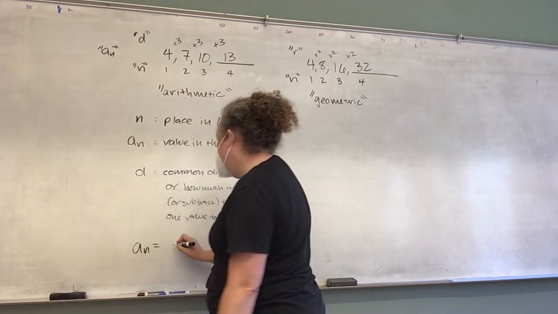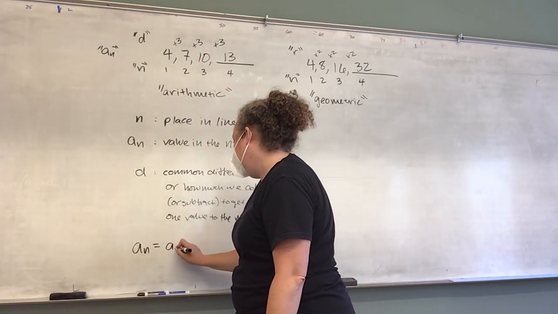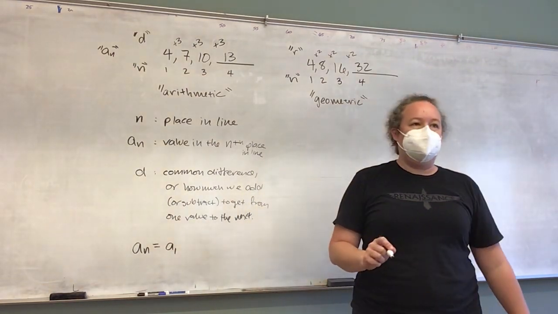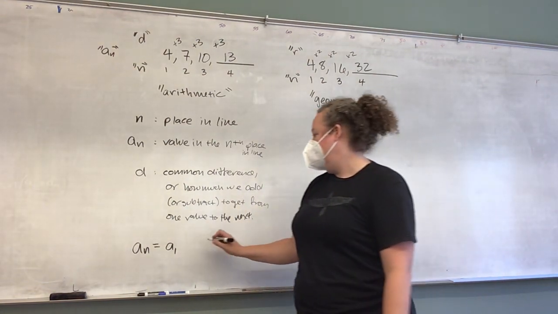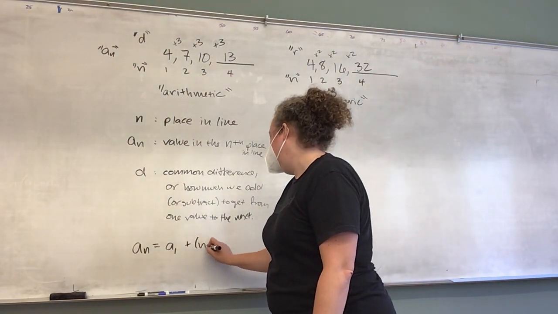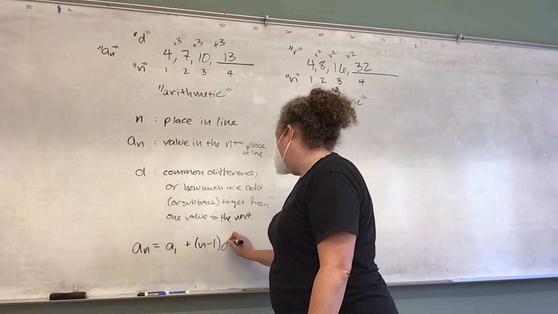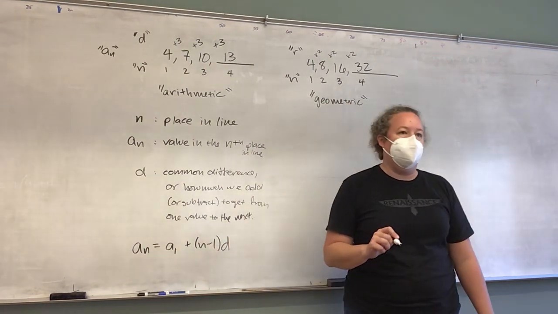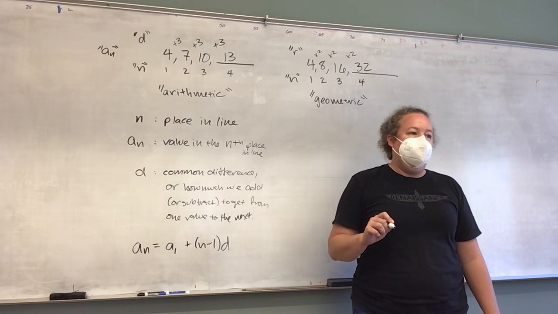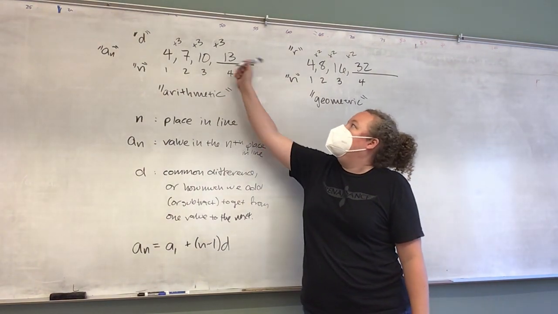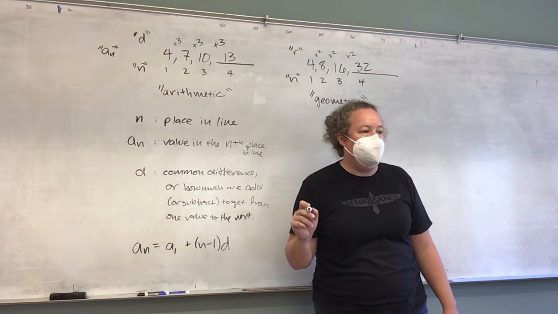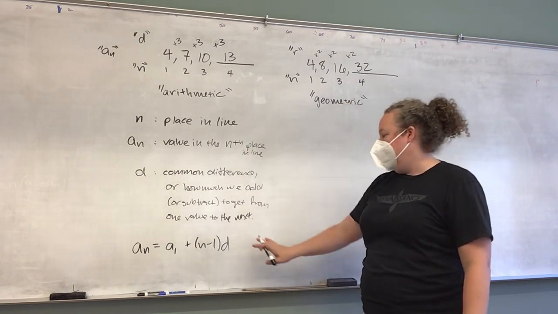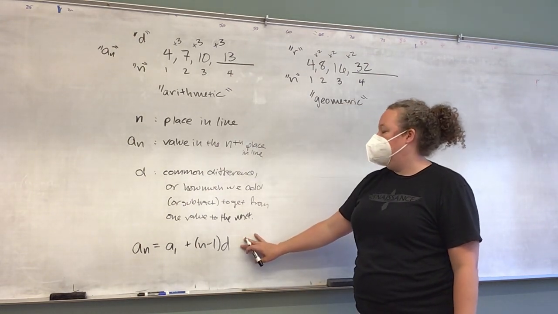A sub n is going to be a sub 1, so the first value, plus n minus 1 times d, or the common difference. In an arithmetic sequence, one where we're getting from one term to the next via adding or subtracting, this is how we do it.